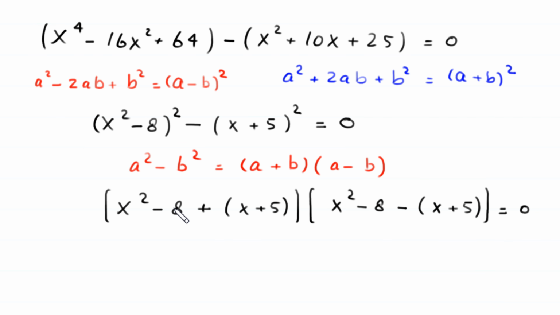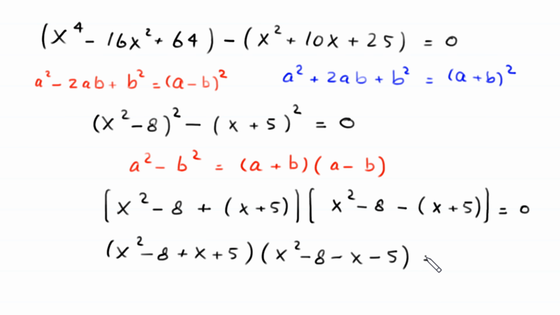We remove these brackets. This will become x squared minus 8. Since we have plus sign, this remains same, plus x plus 5 times x squared minus 8. Due to this negative sign, this x will become negative x, and this plus 5 will become negative 5 is equal to 0.